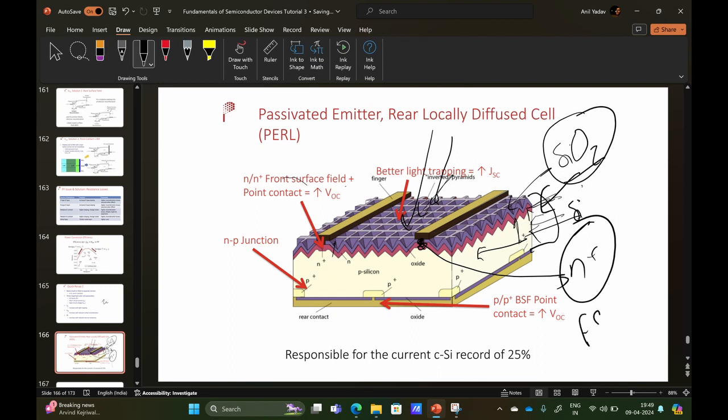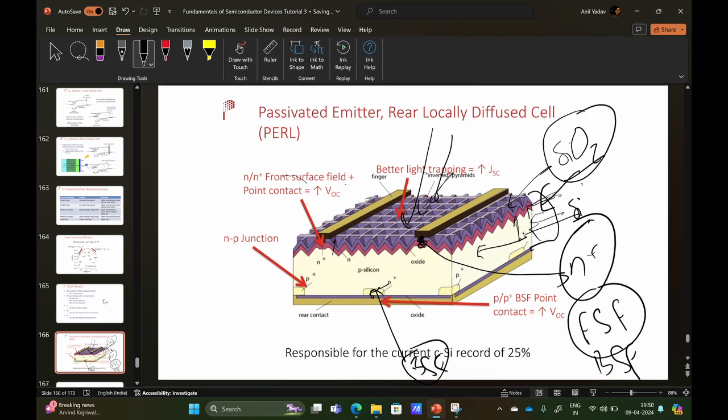There is also the back surface field, BSF. This P plus region, a bit dark yellow, is the back surface field, to reduce the surface recombination.